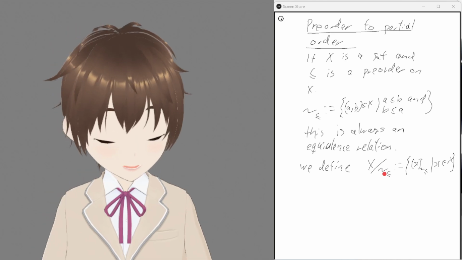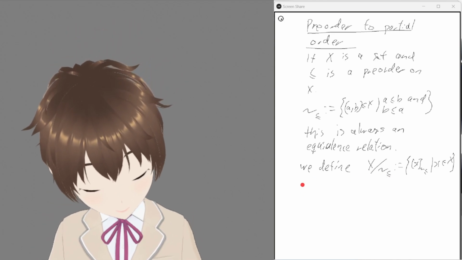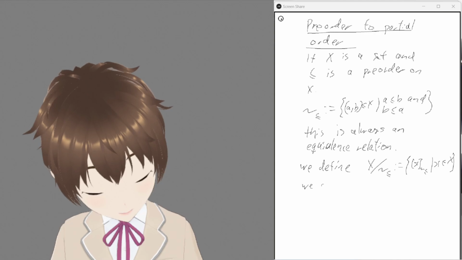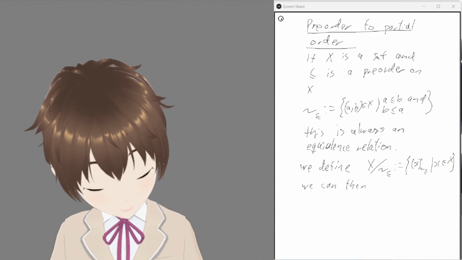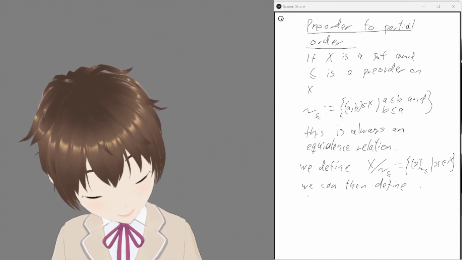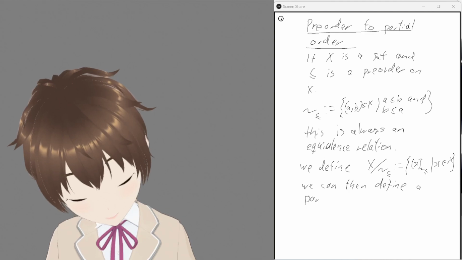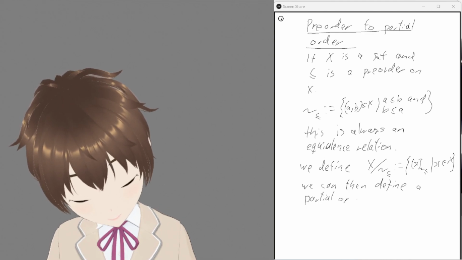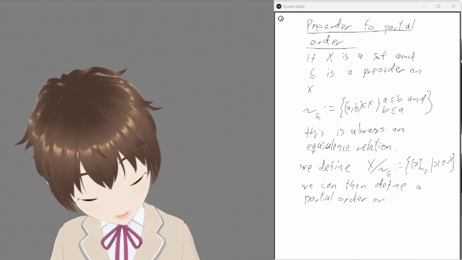And then we can define a partial order on this, a new relation, on the quotient set.